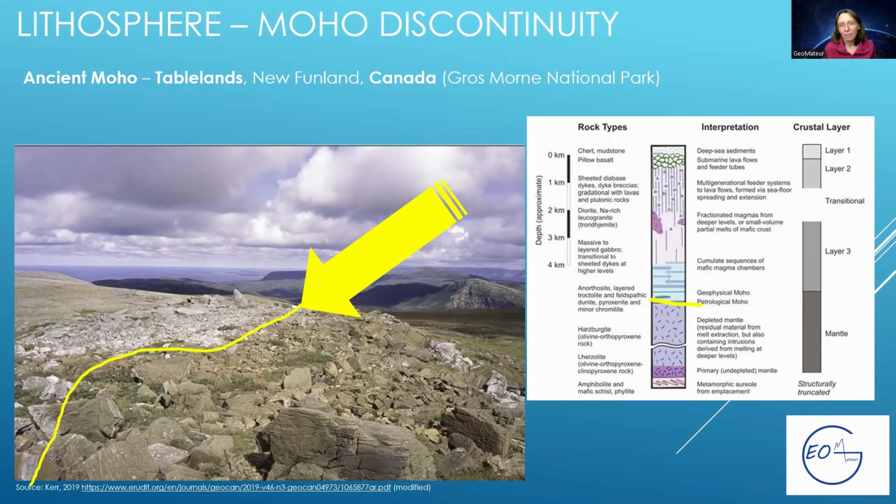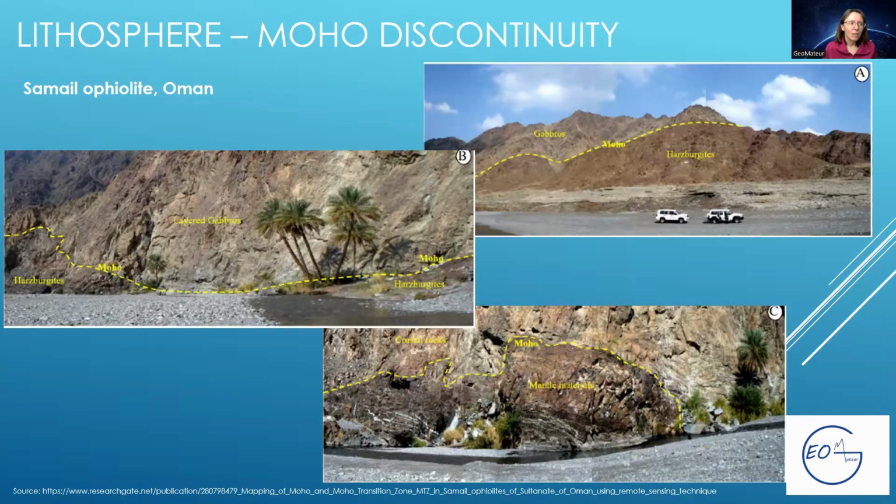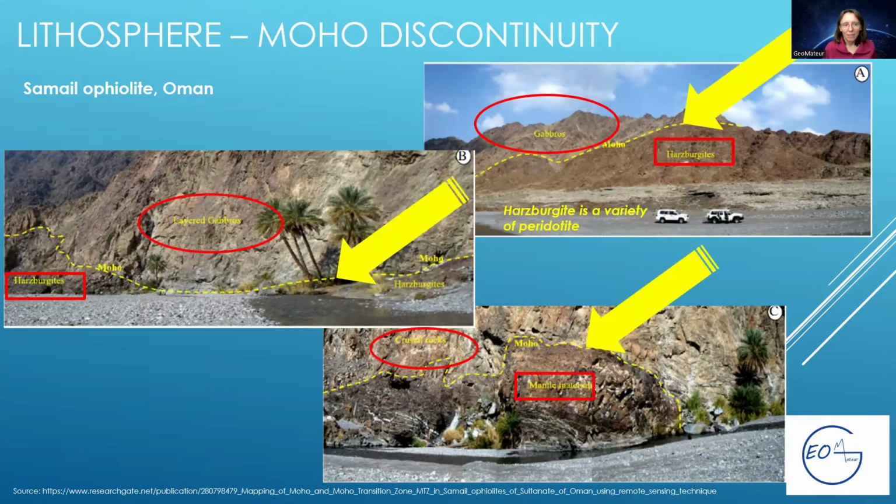And this is not the only location. For example, in Oman, we have the Samail ophiolite. There is a very bold border between gabbro and harzburgites. Harzburgite is a variety of peridotite, and the Moho discontinuity between them.